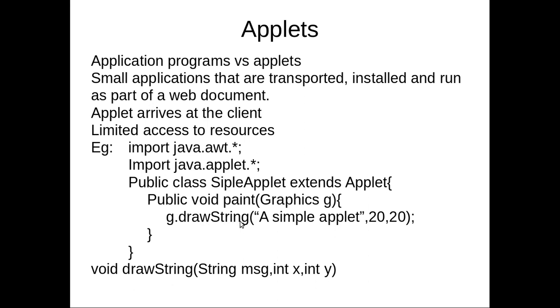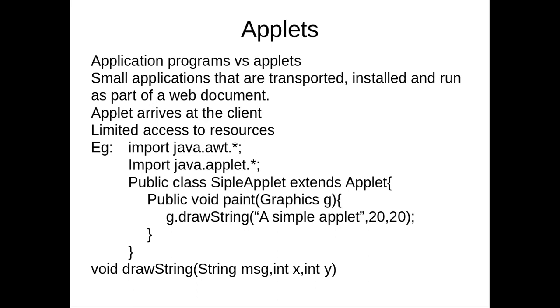You are going to create a window, and in it print a simple applet at location 20,20. Those are x and y.